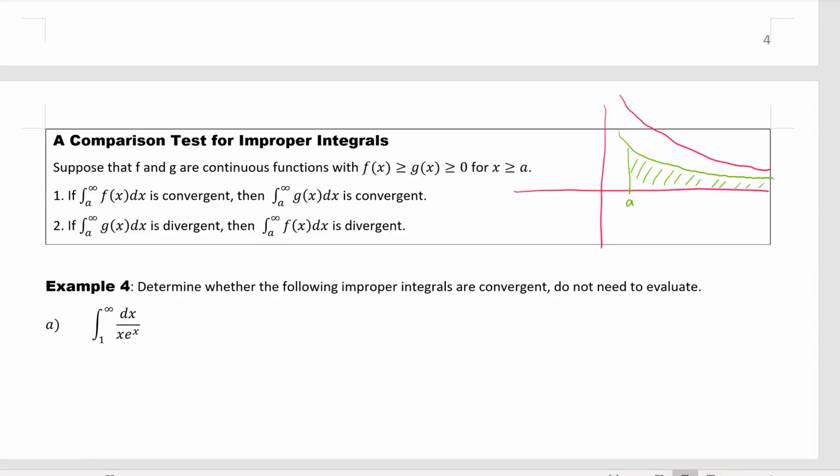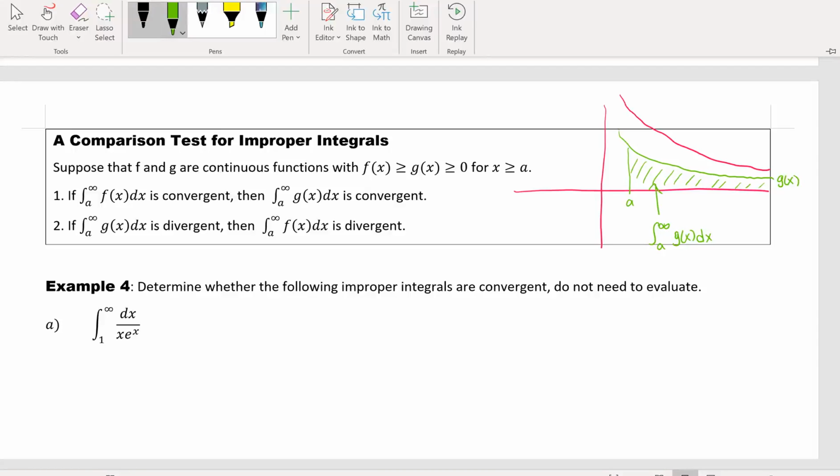Let's say this is the number a. Then what is the green area? Let's say the smaller function is g. Then the green area is the integral from a to infinity of g of x dx, right?